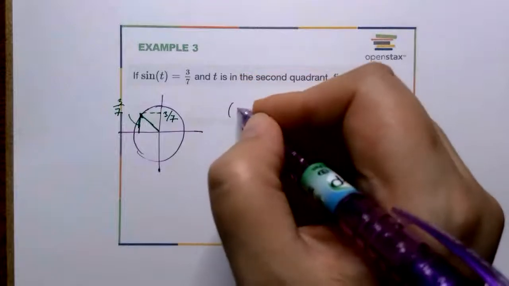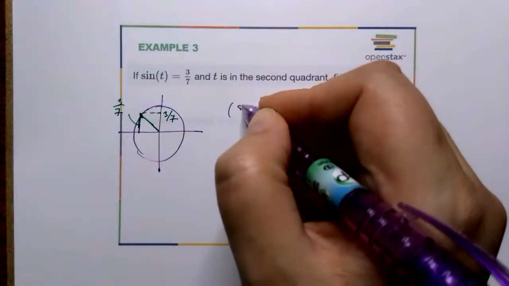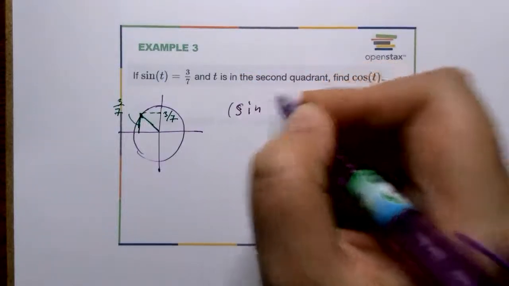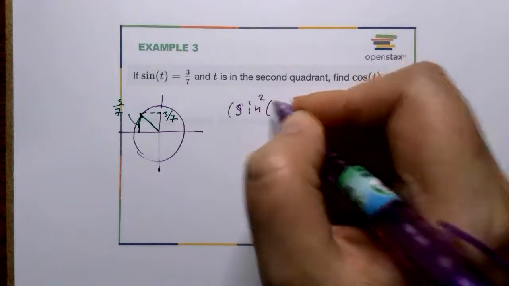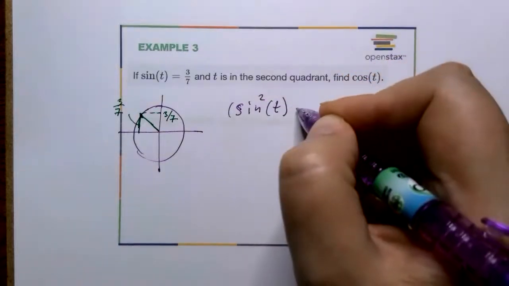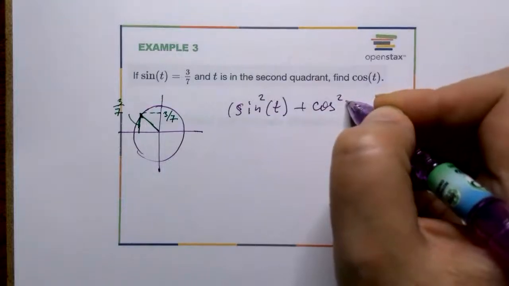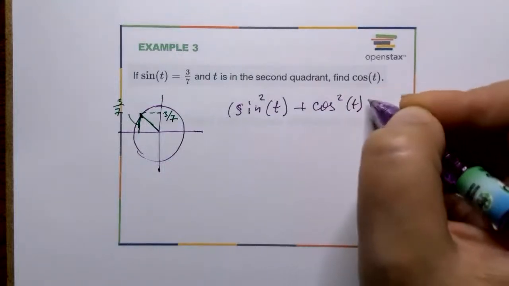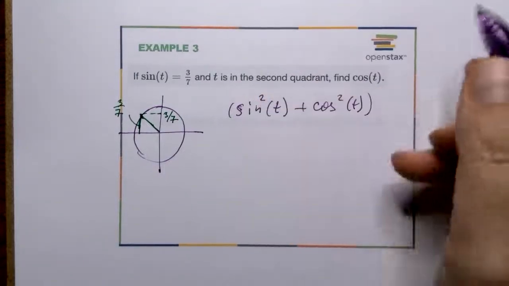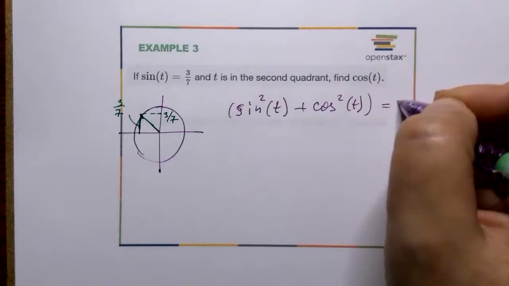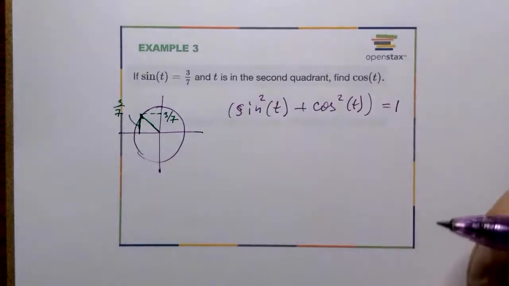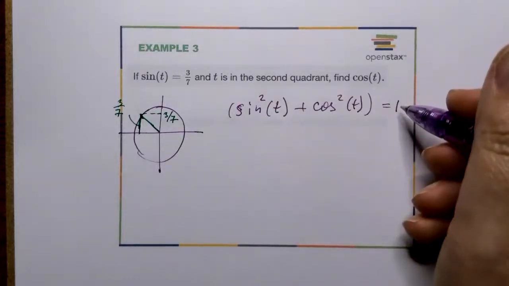So I know that I'm going to start with that identity, sine squared t plus cosine squared t, and I put a set of parentheses. I don't know why. They could be there, but I don't need them there.